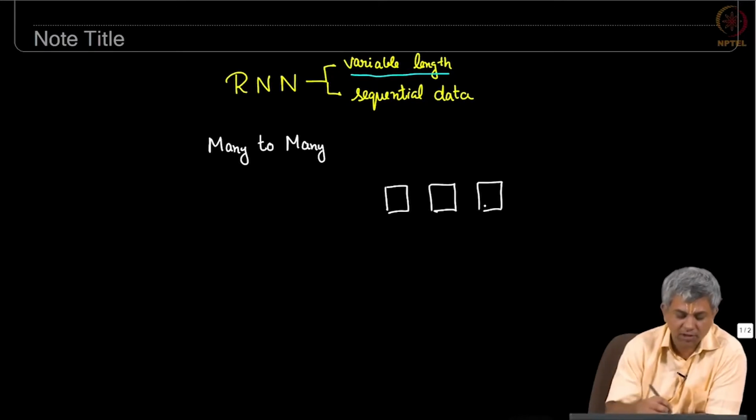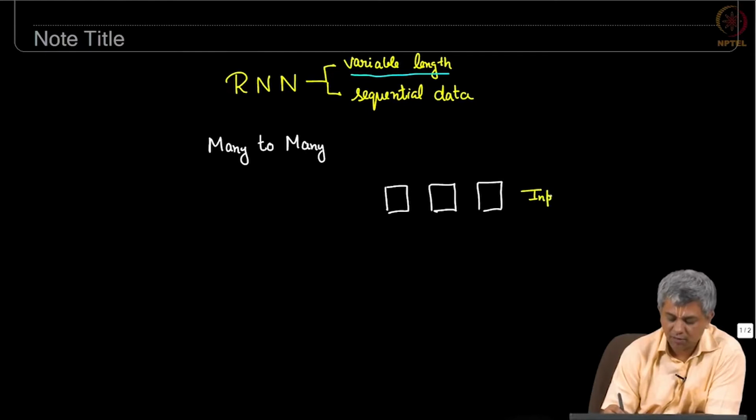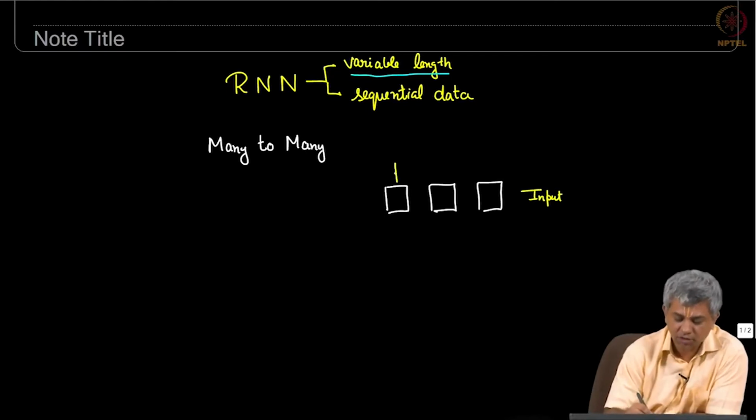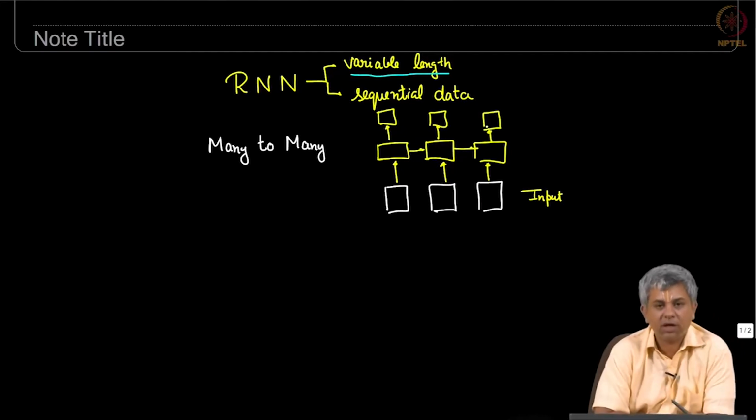Again, this is Karpathy's way of doing it. So, suppose you have various inputs, they could go through the sequence of hidden layers, and suppose you have an output corresponding to each of these inputs. This would be a many to many classification. We will do an example of that sort shortly within this video.